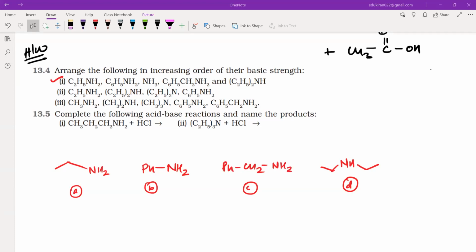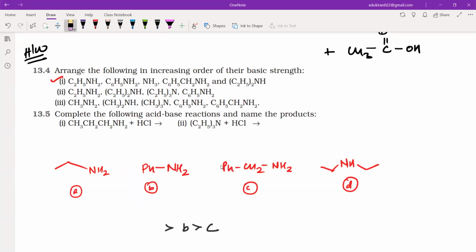Okay, so you're saying D is the most, followed by A. D, A, then B, and then you're saying C is the least. C is the least. Okay.